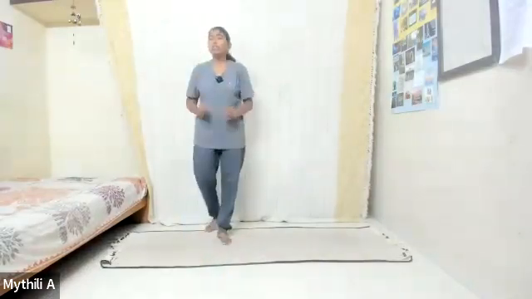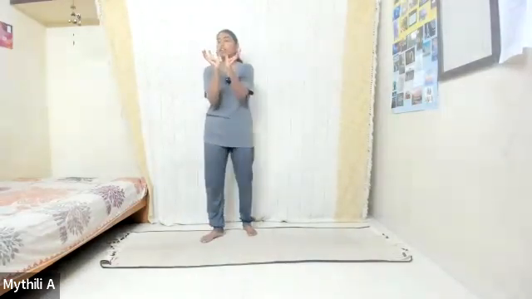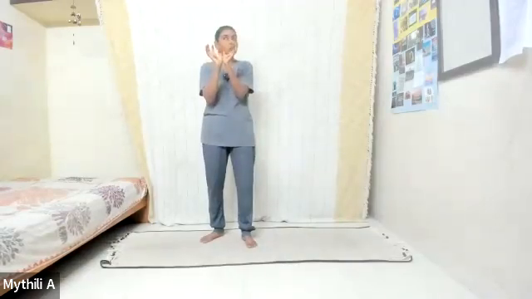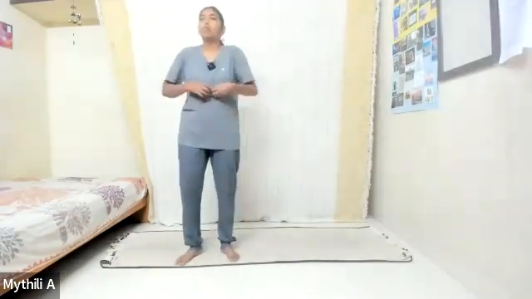So what happens if the lymphatic circulation is not good? The fluid that is standing between the two cells won't get drained out. So we feel like our body is getting swelled up, bloated up.